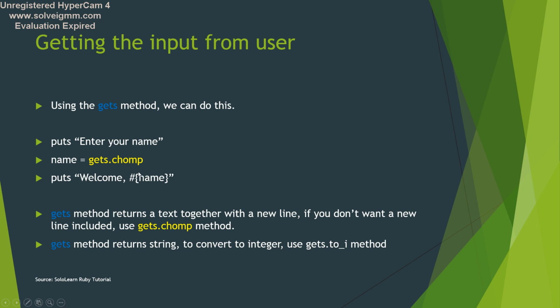The hashtag and curly braces with the variable in there will include the name, so the input will be there. For example, if I input legend, it will output welcome legend. The gets method returns a string. If you want to convert it to an integer, use the gets.to_i method.